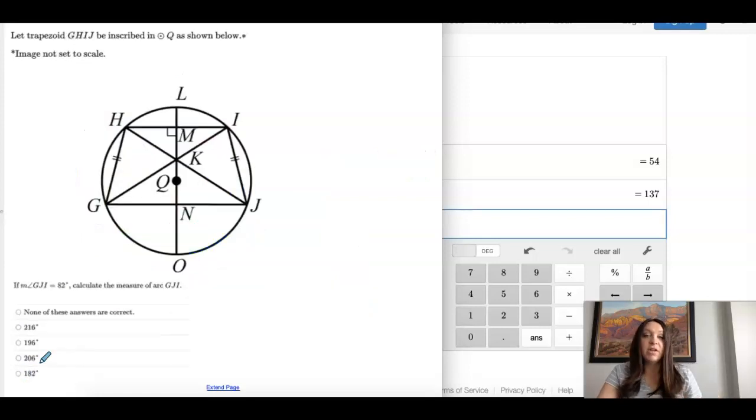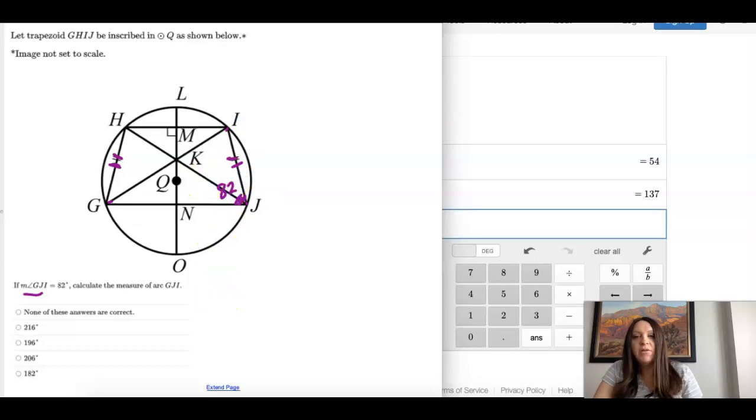All right, so we have another trapezoid. It's isosceles because these are equal on this side, so that tells us a lot about our angles. Let's look at what we're given. G to J to I is 82.